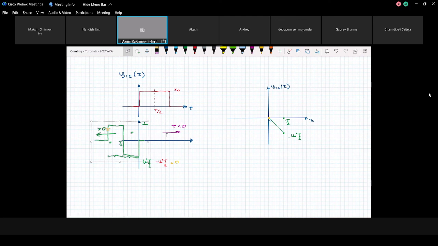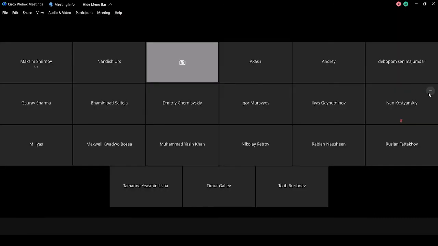They do not overlap. As a result, no correlation.